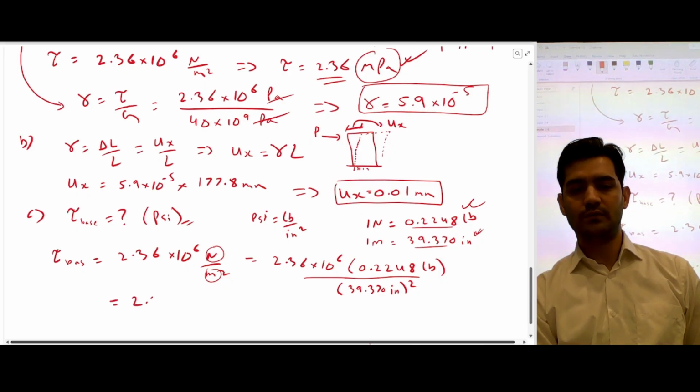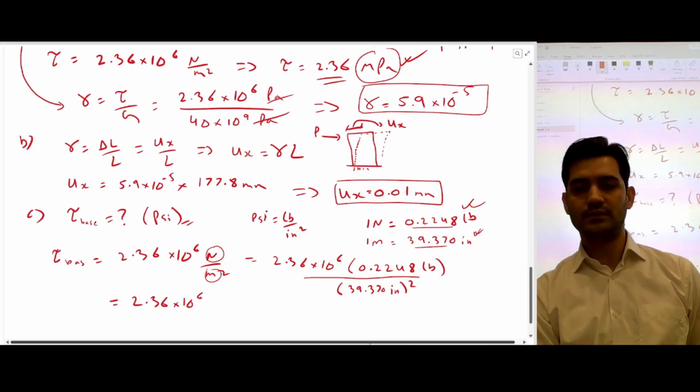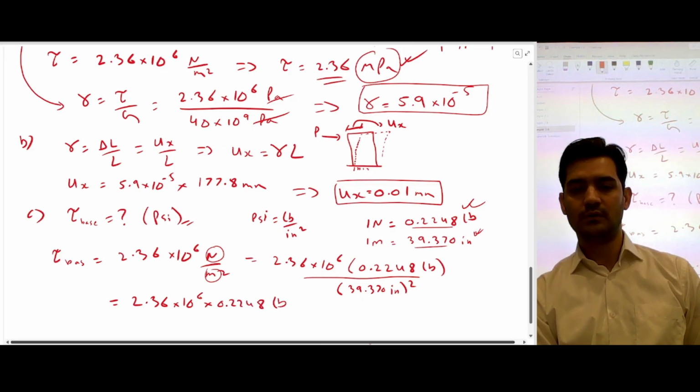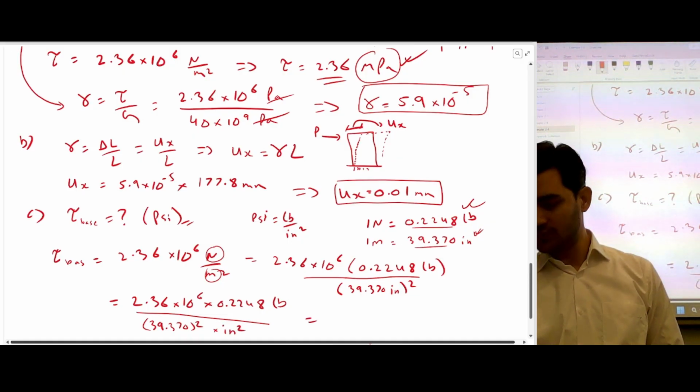So 2.36 into 10 raised to the power 6 into 0.2248 pounds divided by 39.370 whole square into inch whole square. If you do the math, you're going to get 342 psi.